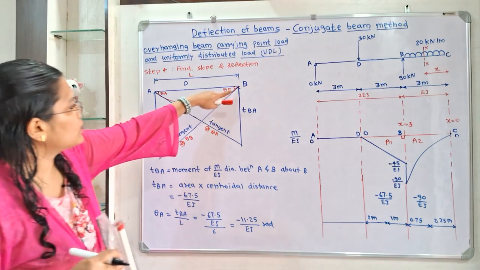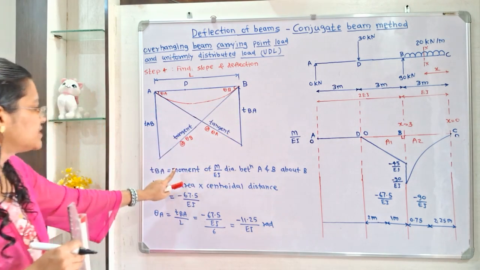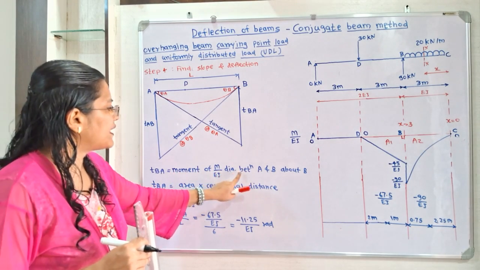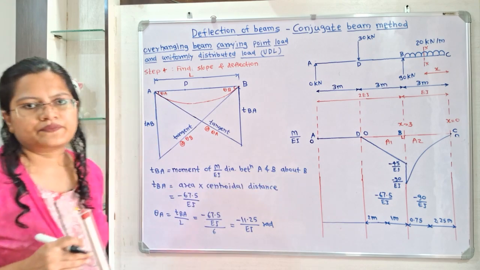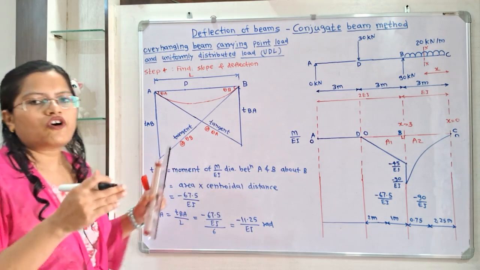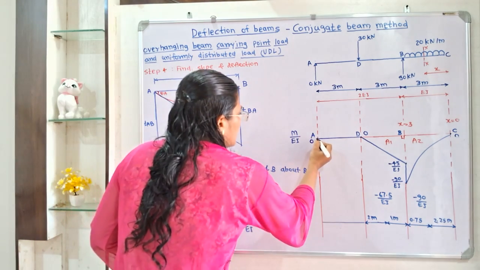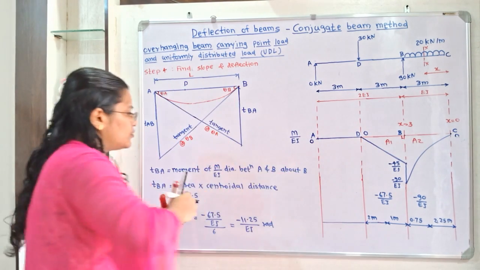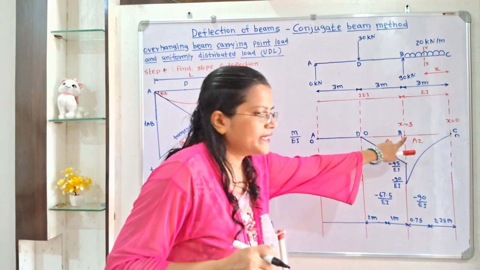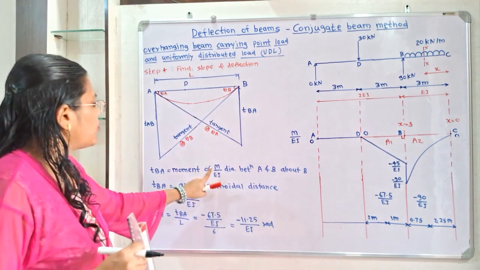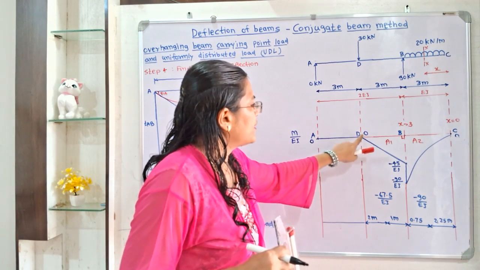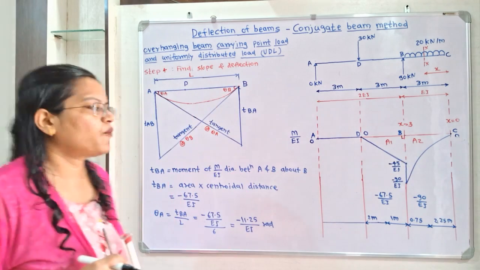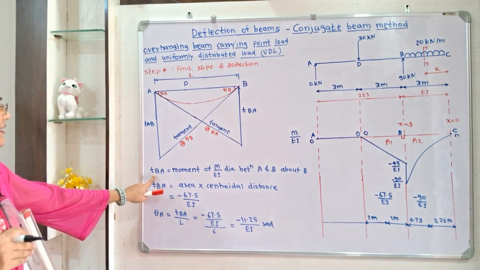Now how to calculate this TBA? It is the moment of the M by EI diagram between A and B about B. So in between A to B we have to take the moment of the M by EI diagram about the point B, then we will get TBA.